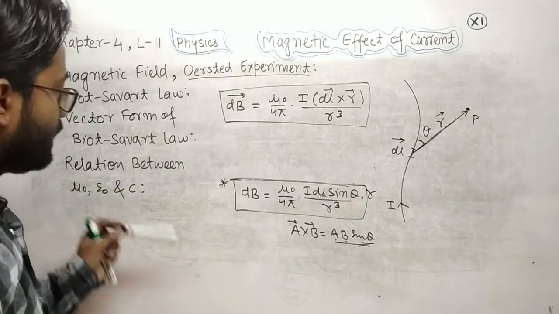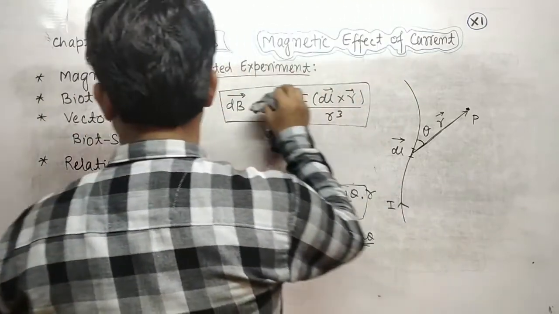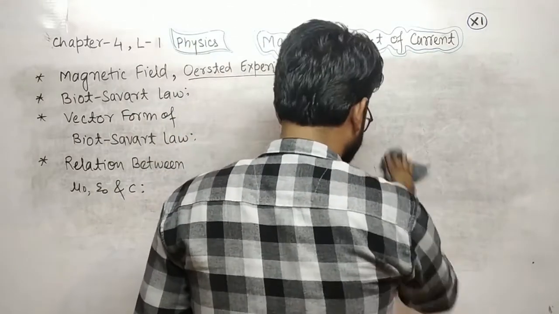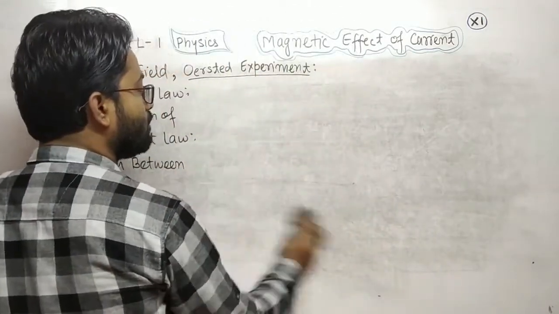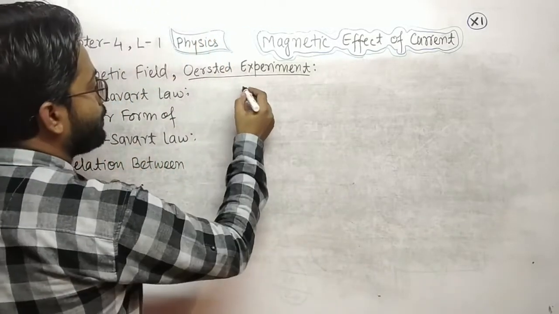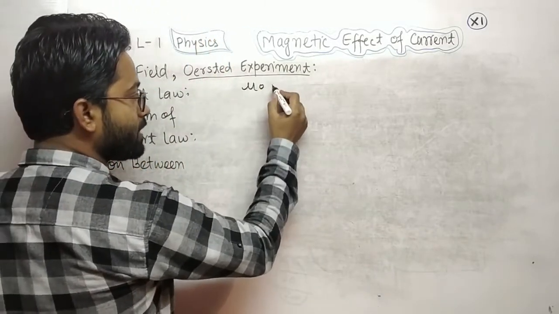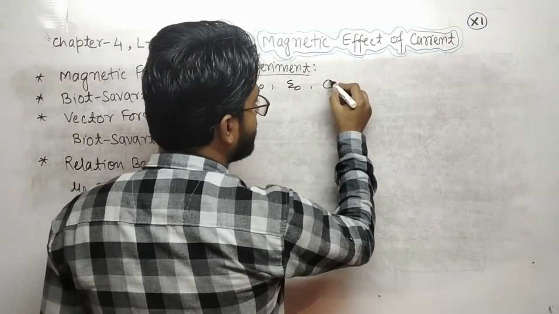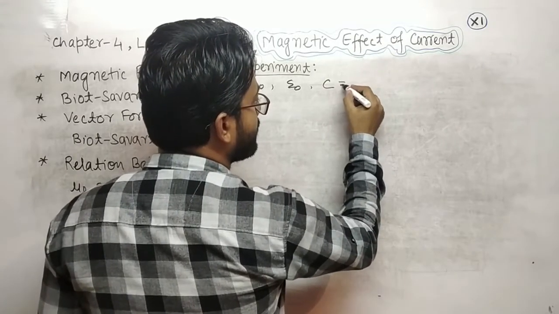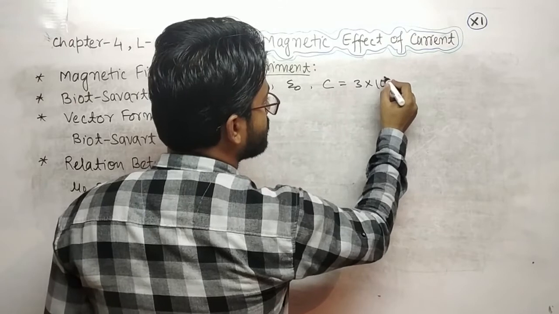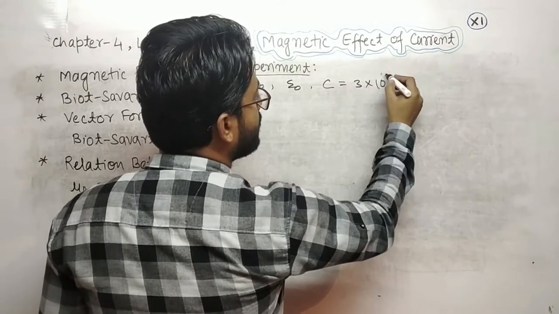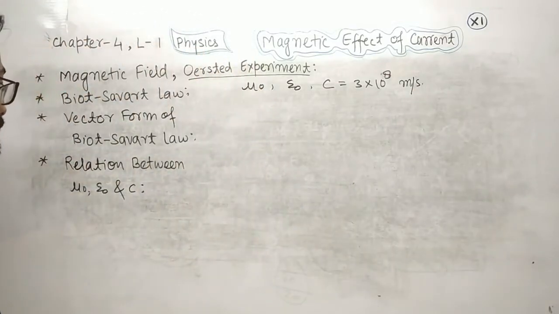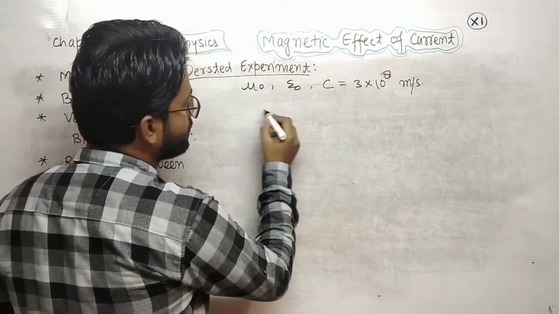Next point, that is relation between mu naught, epsilon naught, and c, that is speed of light in vacuum. Mu naught, that is permeability of free space, epsilon naught, that is the permittivity of free space, and c, that is the speed of light in vacuum, that is equals to 3 into 10 to the power 8 meter per second. Very simple, just put the formulas.